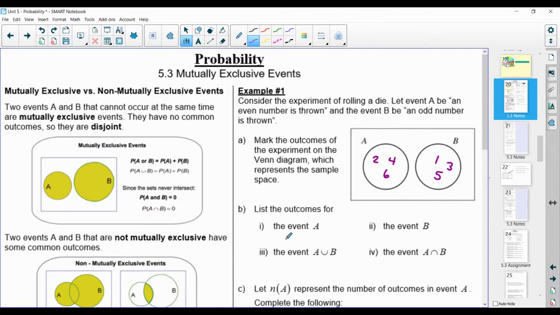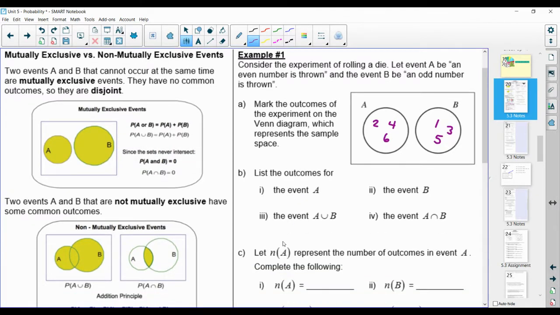If we wanted to list these as sets, so this is going back a little bit to a previous unit that we've done, we would have 2, 4, 6. So essentially we're listing our sample spaces, and 1, 3, 5. Now the event A or B would be 1, 2, 3, 4, 5, and 6.